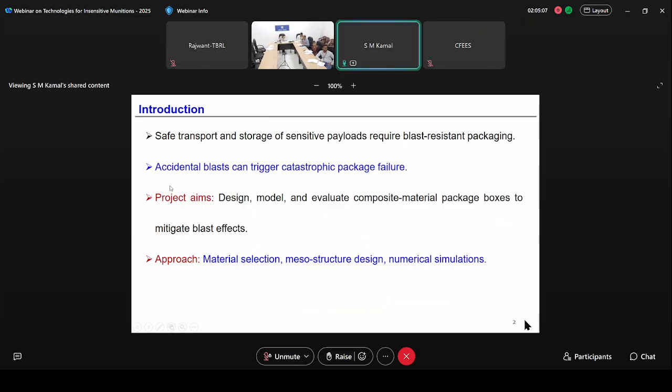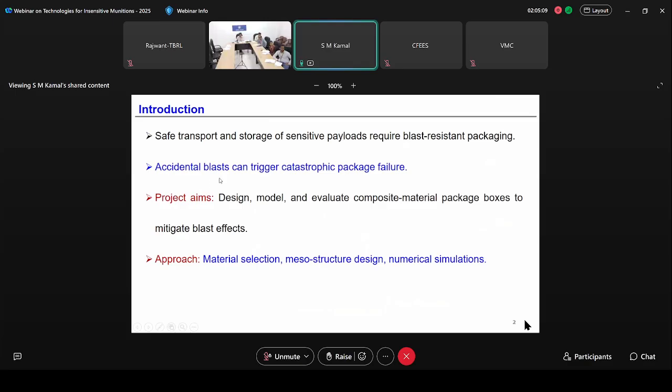The current packaging design often does not consider blast attenuation, so that may lead to the risk of secondary explosions. So the aim of this project is to design, model, and evaluate composite material package boxes to mitigate blast effects. We are going to consider 3 key approaches: careful material selection, then mesostructure design, and numerical simulations using Abaqus, ANSYS, or LS-DYNA.